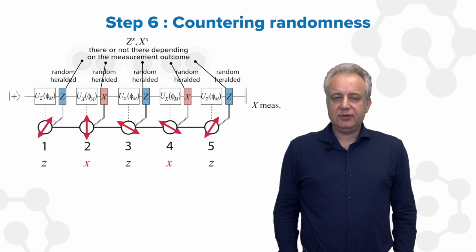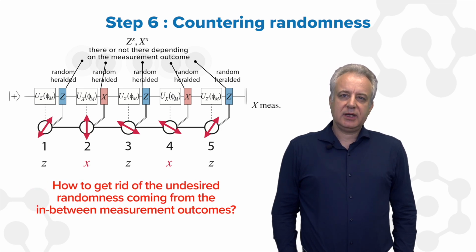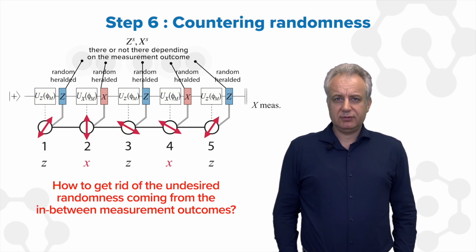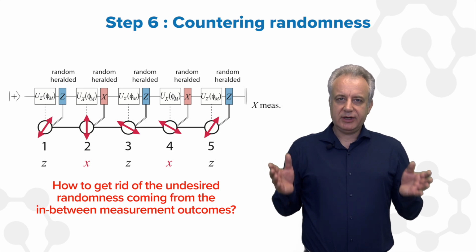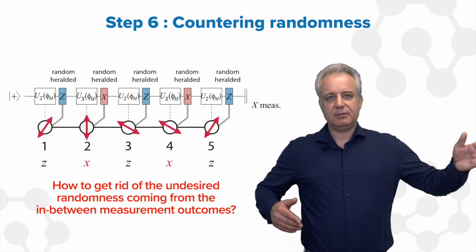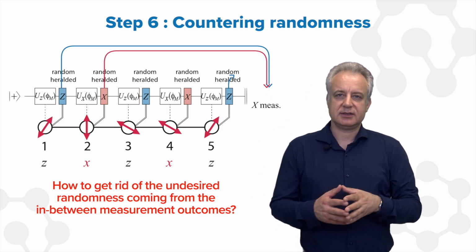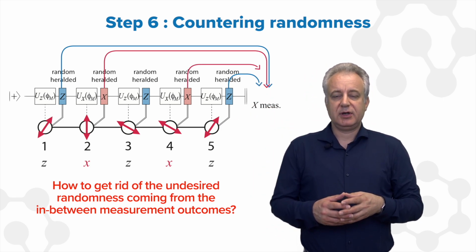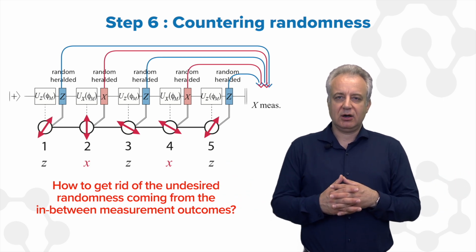Okay, so we have these random byproduct operators here. That's the complication that measurement brings, and we may have them there, may not have them there, but we are sure that we don't want them. So we want to get rid of them. Overall, the strategy of getting rid of them is to propagate them past all the gates and past the final measurements, because what happens after the final measurement cannot have any effect on the computation.